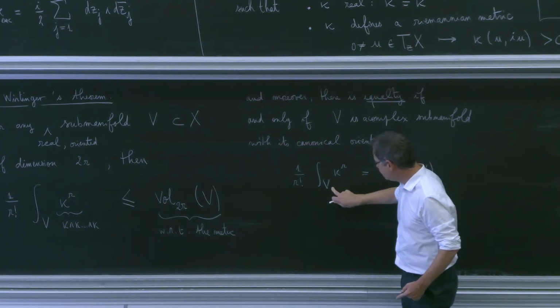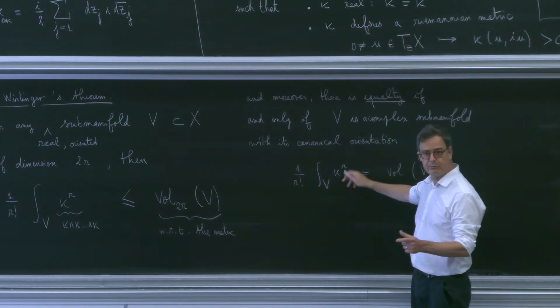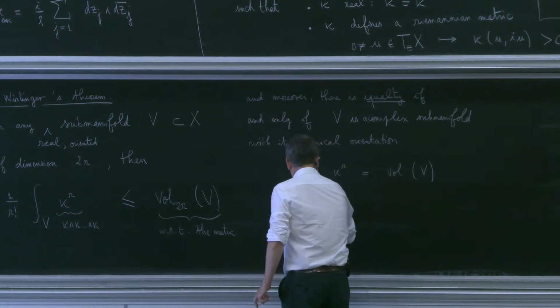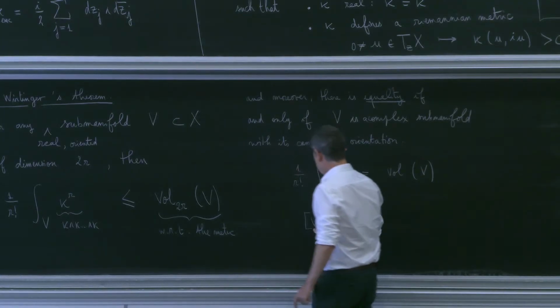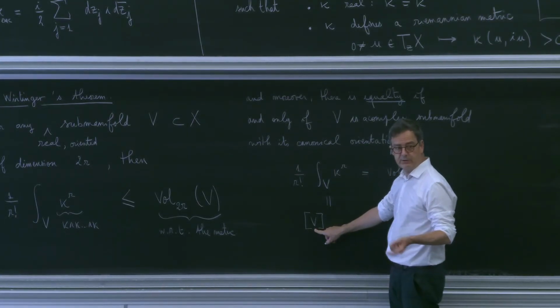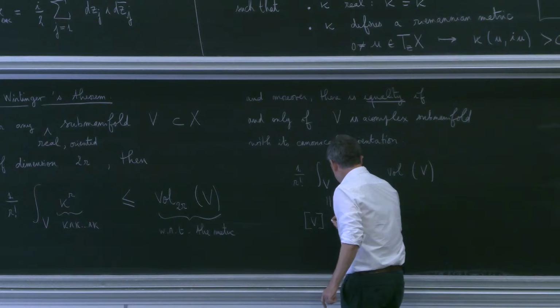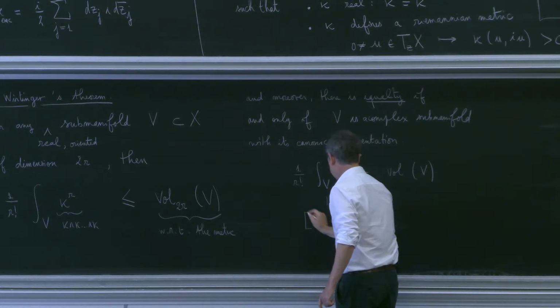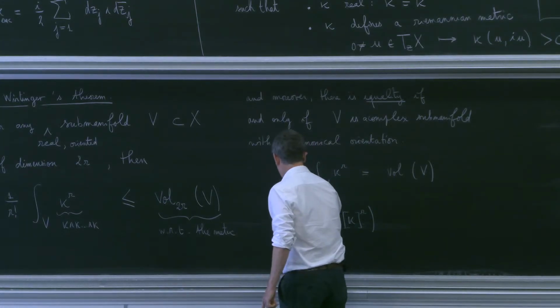And this integral is just a product between cohomology and homology. Okay, so this is just the fundamental class of V, which is canonically oriented, intersected with the class of kappa to the R. Okay, and then I have to divide by this factorial.